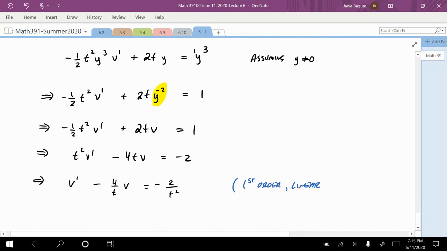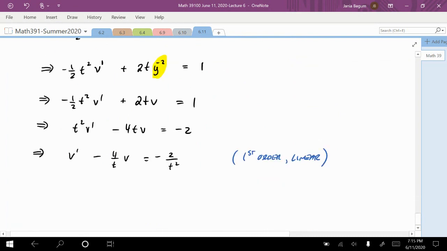So we find the integrating factor mu. Mu of t is e to the integral of negative 4 over t dt. So that's e to the negative 4 ln of t, which will be t to the negative 4.